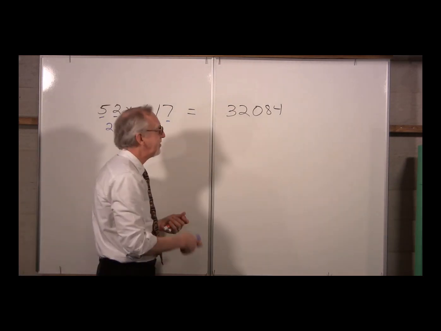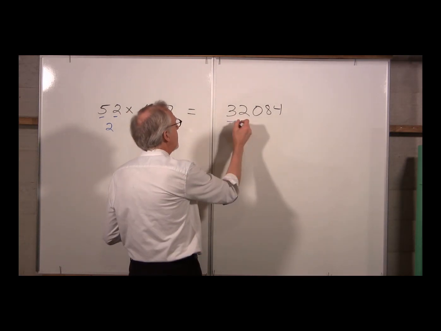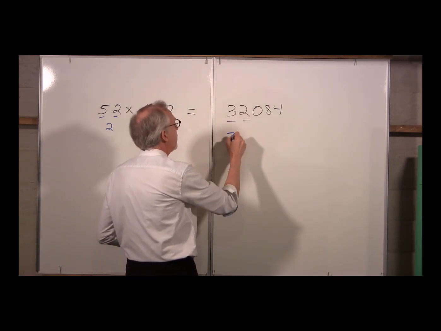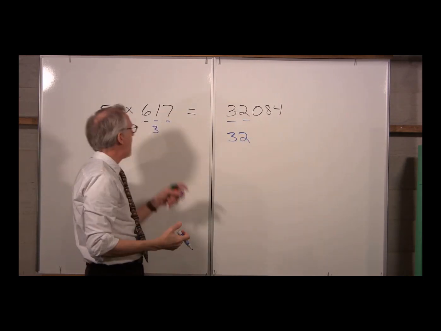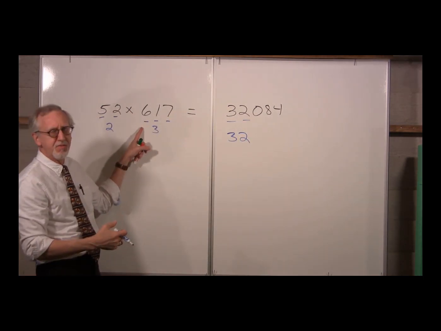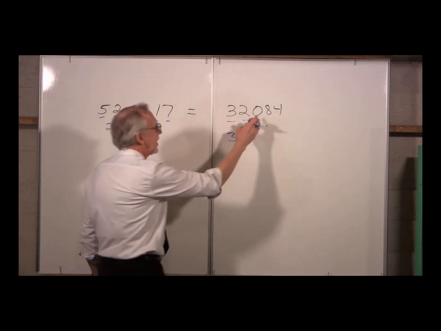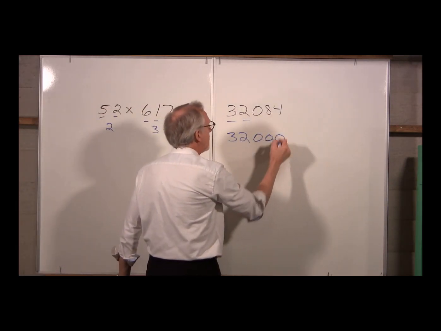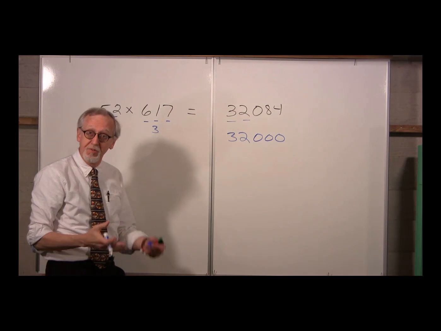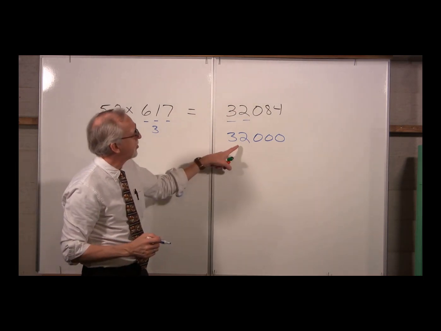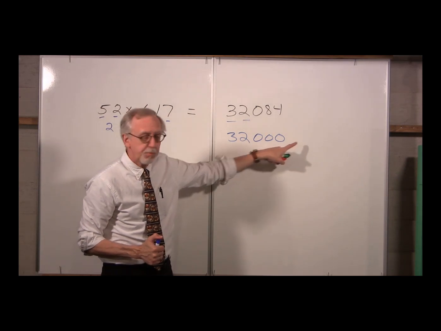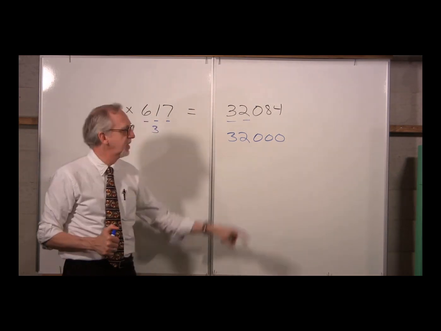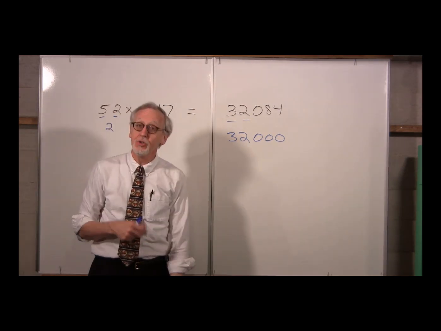Well, starting from the left side, that means 3 and 2, so we write 3, 2, but we can't just write 32. Obviously, 52 times 617 is not 32. We have to put in those other zeros to fill in the places, so 32,000. Again, notice there's no decimal point, so those zeros are not significant, so that only has 2 sig figs.